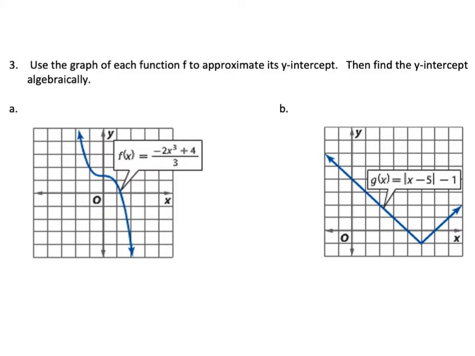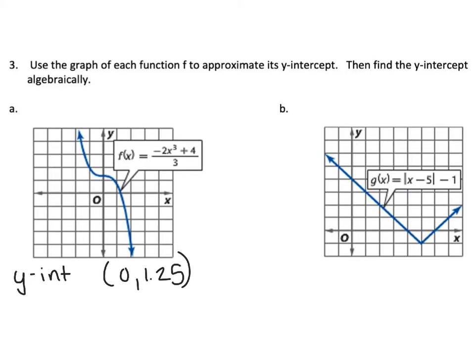It says use the graph of each function f to approximate its y-intercept, then find it algebraically. So as I look at where this crosses the y-axis, I'm going to guess that my y-intercept is something like (0, 1.25) at a quick glance.